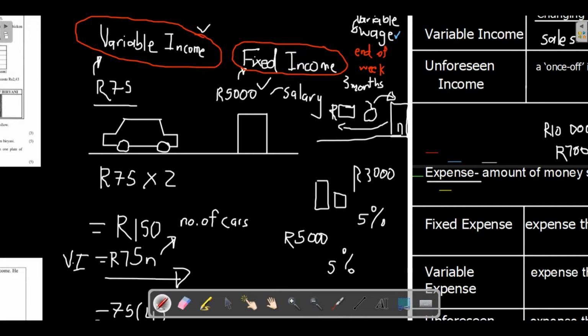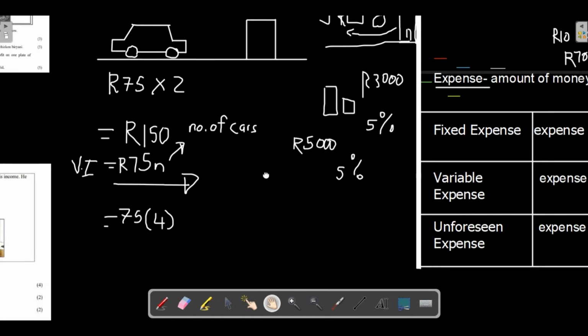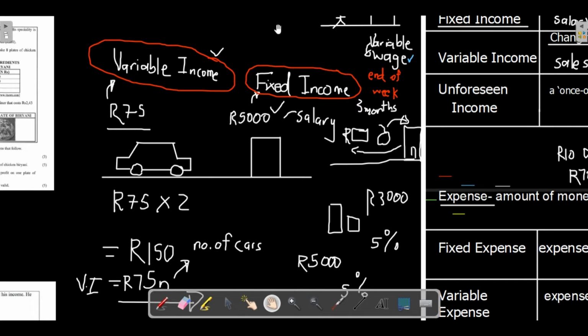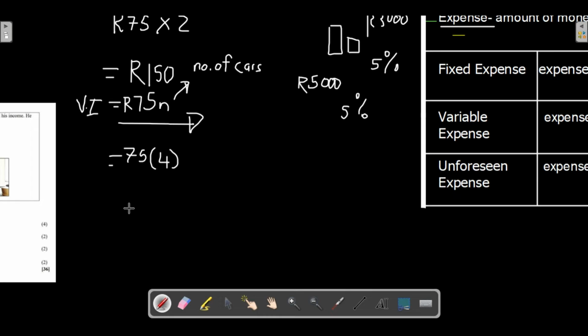So that means that my total income will be fixed income plus variable income. Total income is always going to be equal to the fixed income plus the variable income.